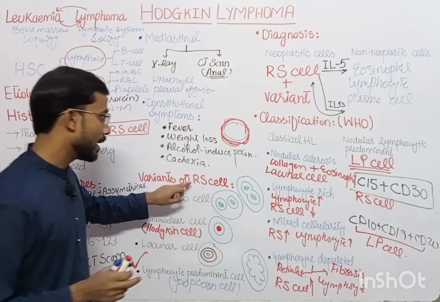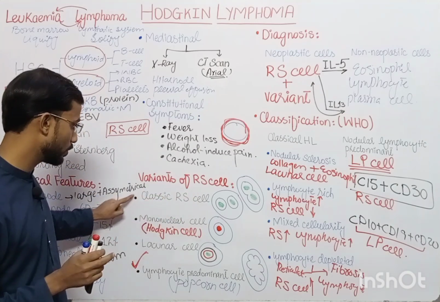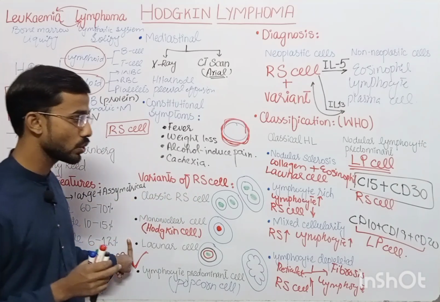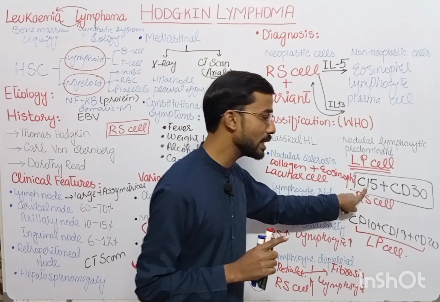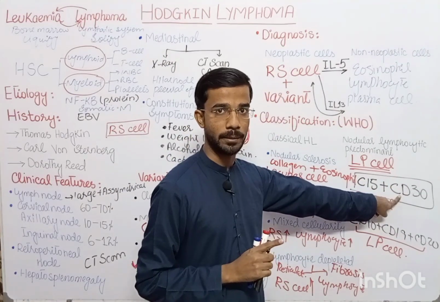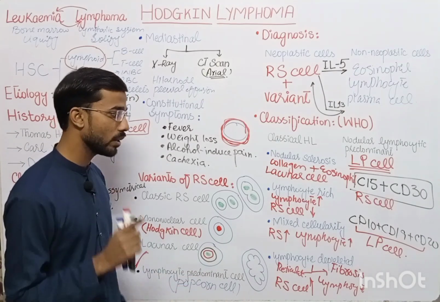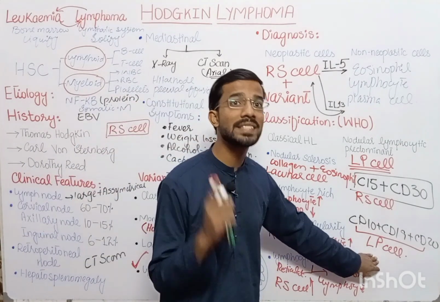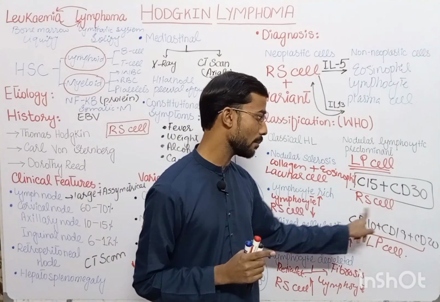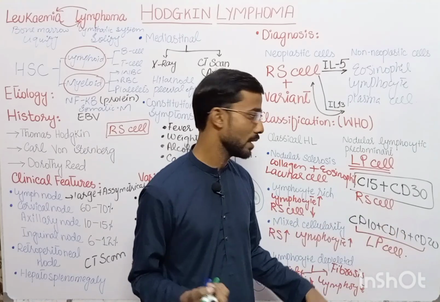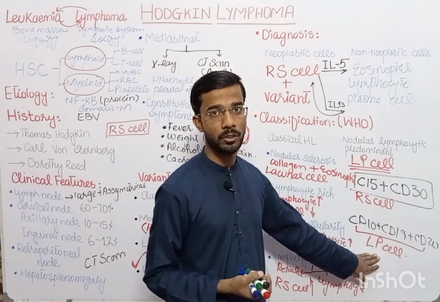Again, the Reed-Sternberg cell and its three variants show the two markers CD15 and CD30, but the lymphocyte predominant cell only shows B cell markers.